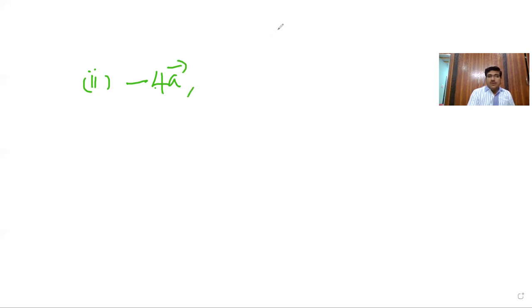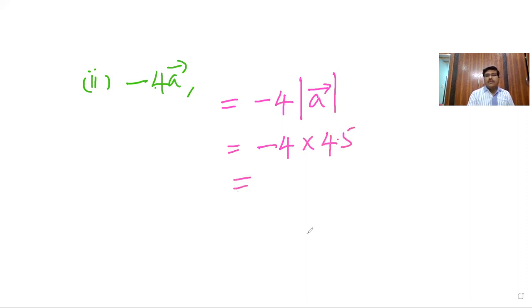Now, minus 4A bar vector is that negative number multiplied with the magnitude of the given vector. Minus 4 into 4.5. Clear? Negative number multiplied with the magnitude. So 4 5 is 20, 16, 18 units.